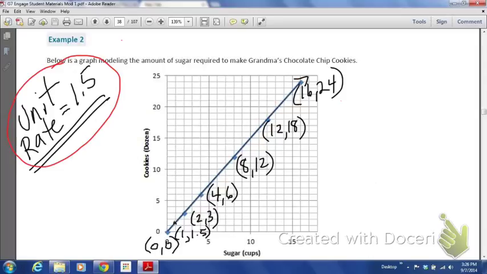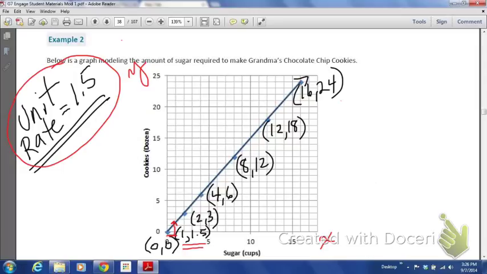And if you notice, every time we make a single unit move along the horizontal axis, along the x-axis here, the independent variable, every time we do that, we move up vertically 1.5. You can see that first point, 1.5.